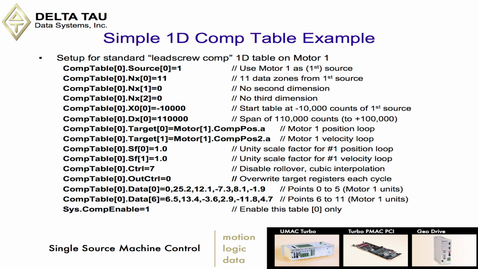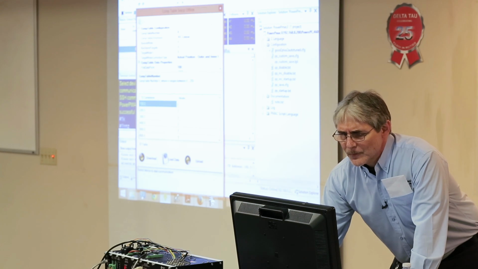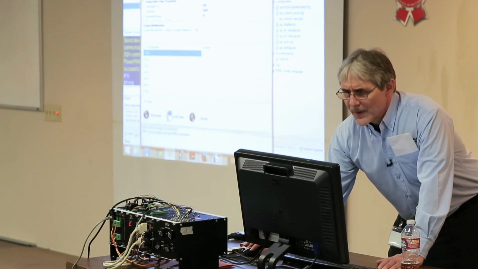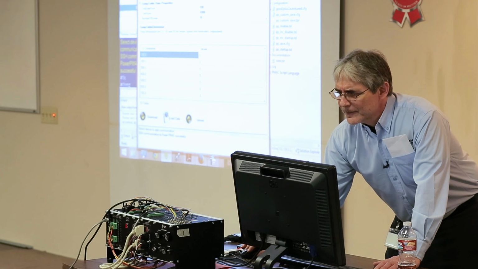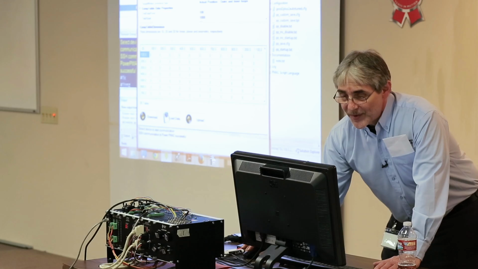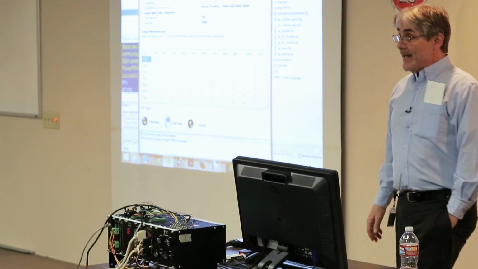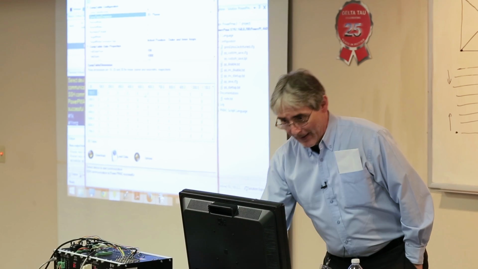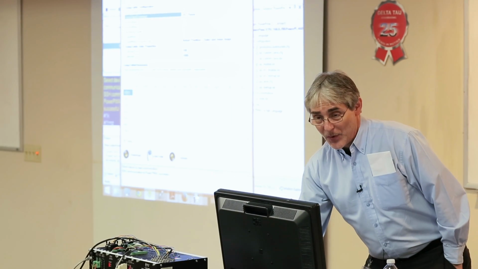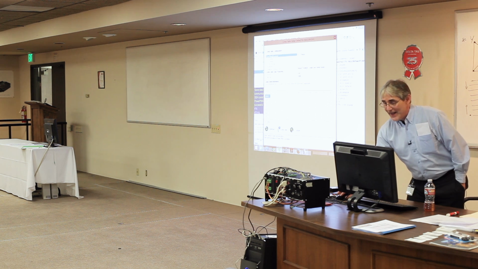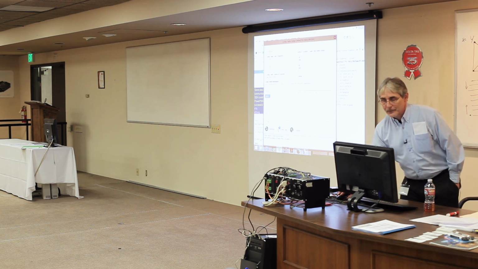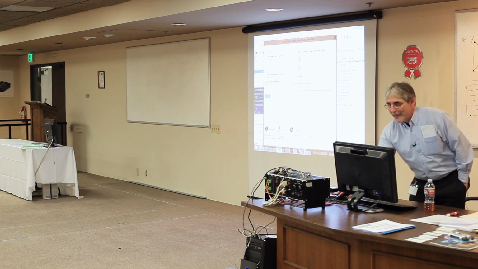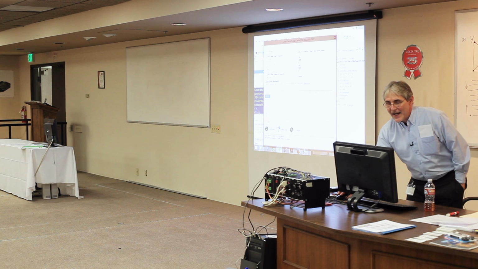Now, another nice feature of the IDE, and let's bring up the IDE real quick here. So if I go up here, delta tau, configure, comp tables, and we're telling it it's a 2-dimensional table. Notice it brings up this nice 2-dimensional entry dialog that'll let me, once I've told it my source motors and destination motors, and it sets some default values in here. So basically, I think I have 10 zones.